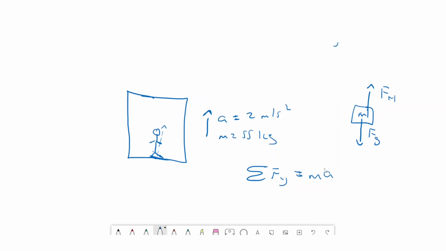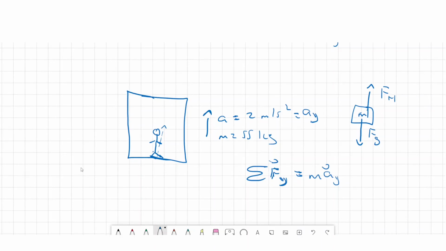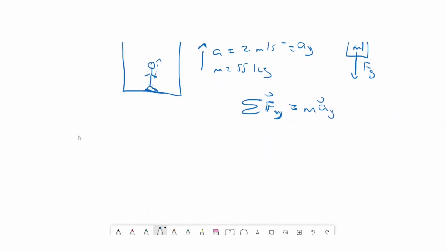So the acceleration is y, so you can call it may, or you can call it a, it's up to you. This is the forces in the y. Now what are the forces? Fn is going up, the weight is going down.